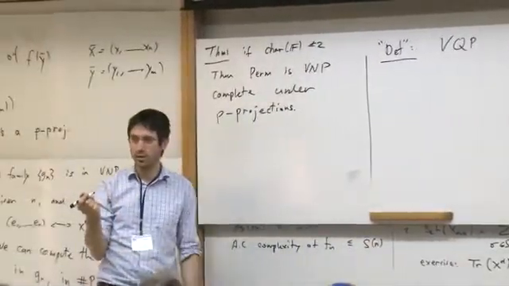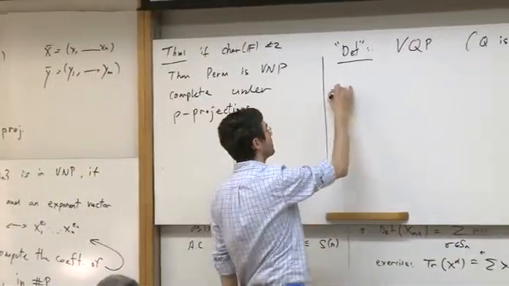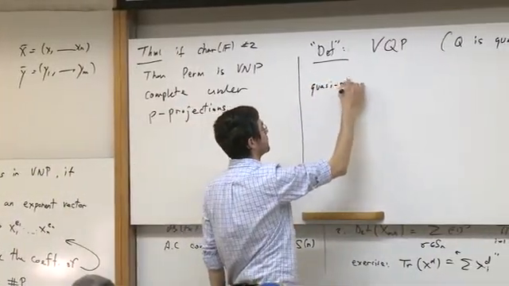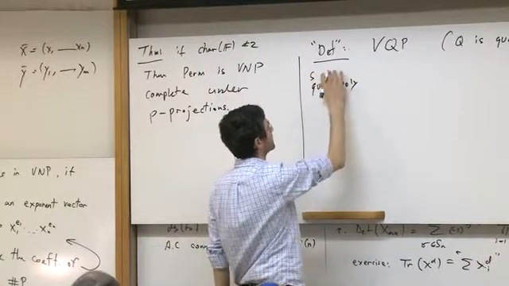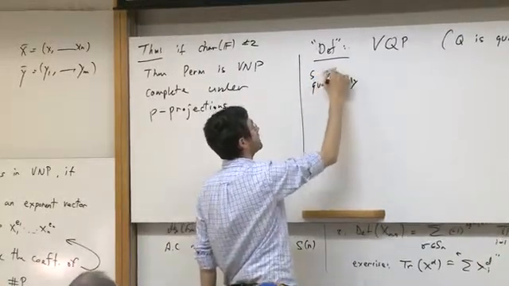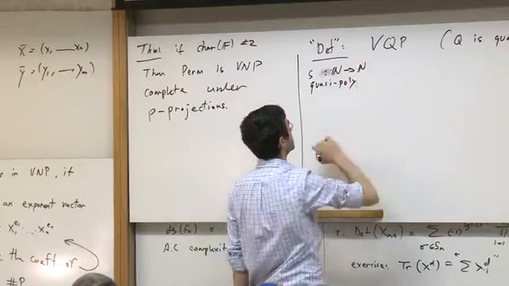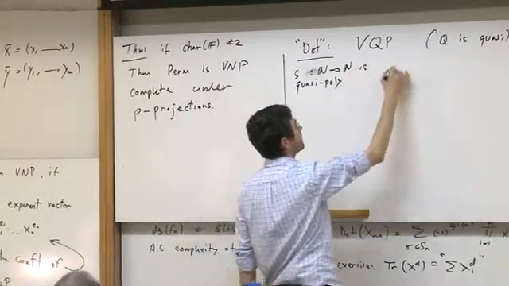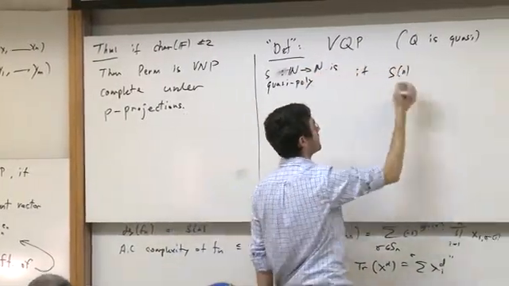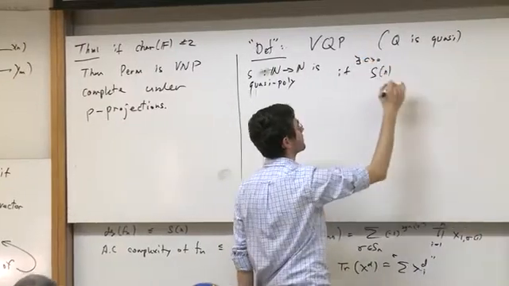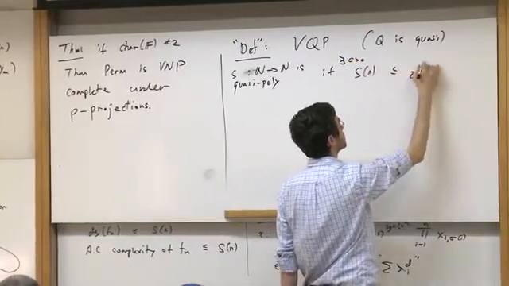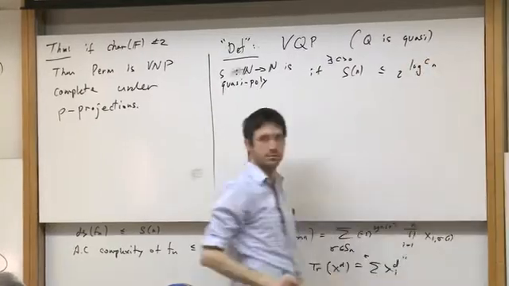What is a quasi-polynomial? A function S from n to n is quasi-poly if there exists some constant C such that S(n) is at most 2^((log n)^C).